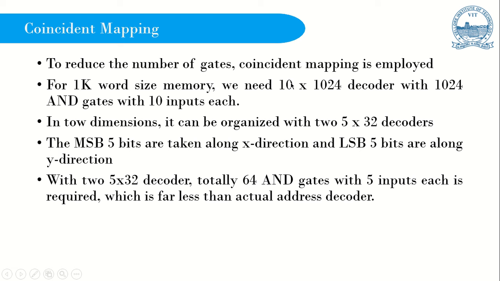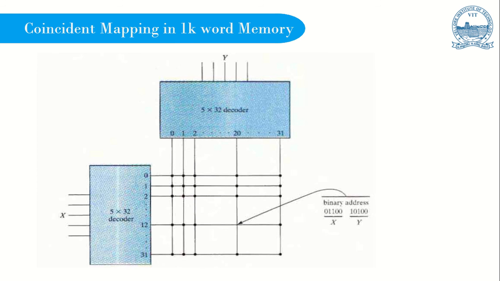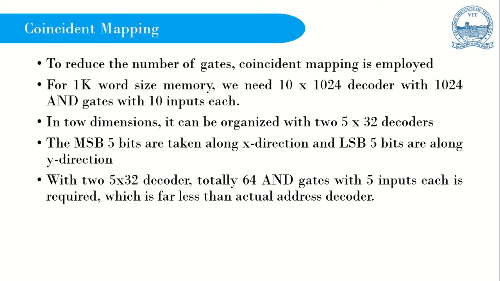With 10 bits I can address 1024 memory locations, which means I need 1024 AND gates, and each AND gate should have 10 inputs. So this is a great drawback when I go for large scale integrated circuits.